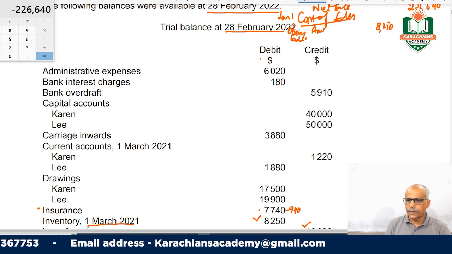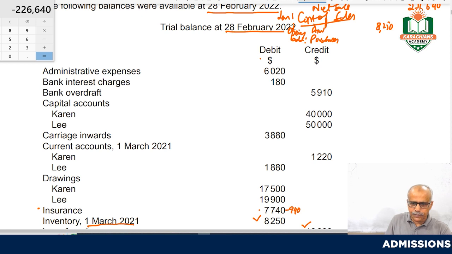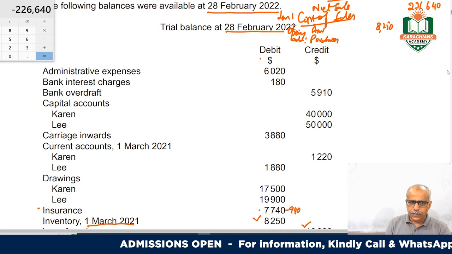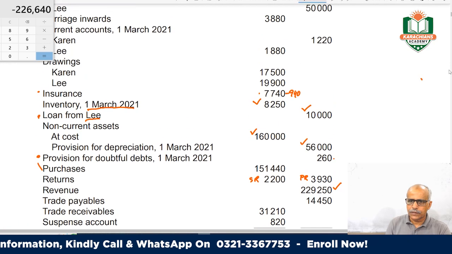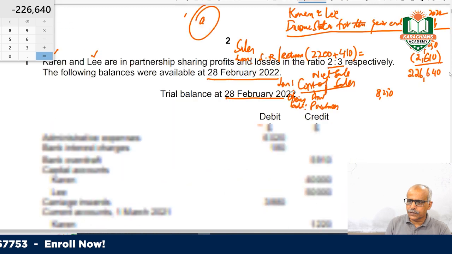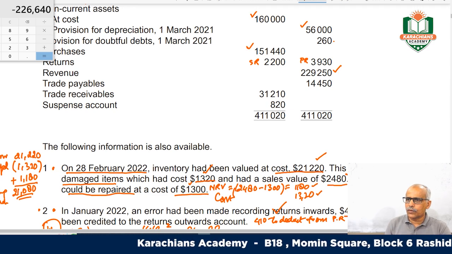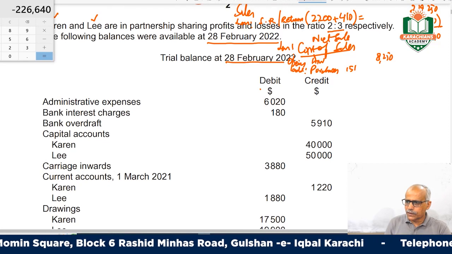Then we have to add purchases. How much are purchases? Just see. Purchases are 151,440.